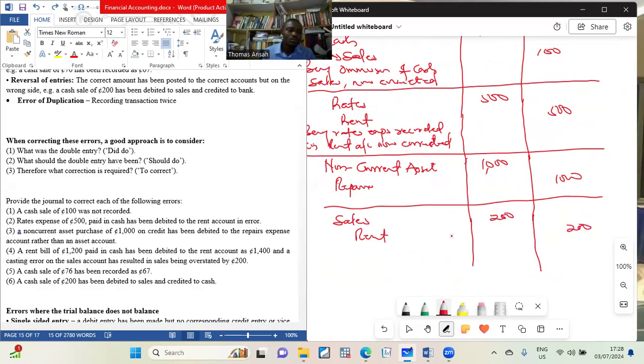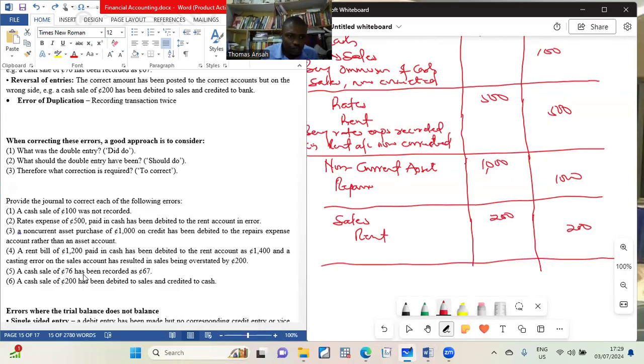That's all. So you can use being overstatement of sales and a wrong debit of rent account, or overstatement of rent balance of 200 now corrected. So overstatement of 200 in rent and in sales now corrected. You can put it there. That's all.